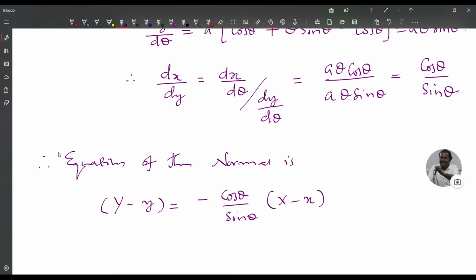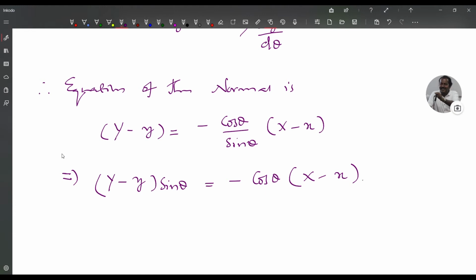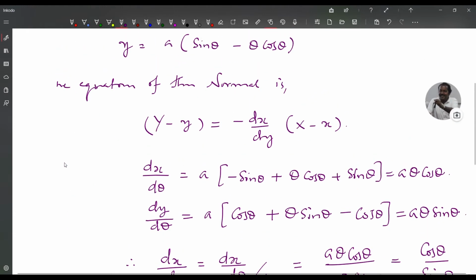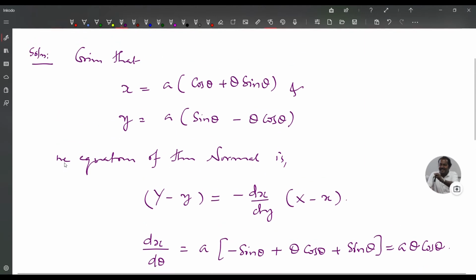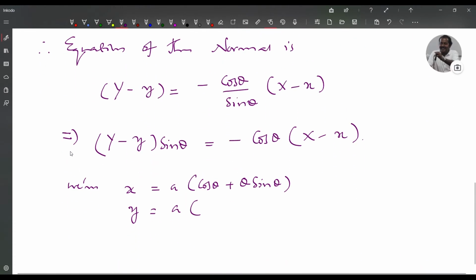So this implies y minus y into sin theta equal to minus cos theta into x minus x. We have a point on the curve x equal to a into cos theta plus theta sin theta and y equal to a into sin theta minus theta cos theta.